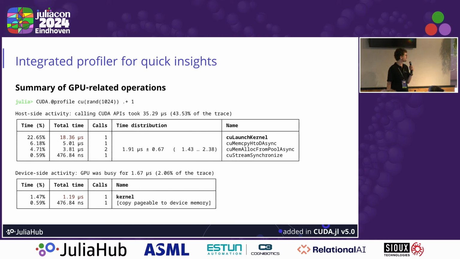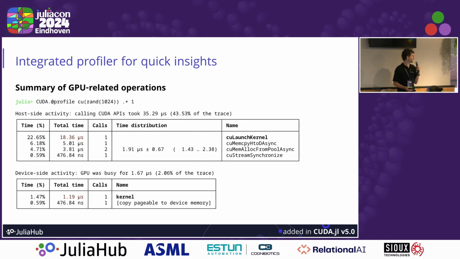GPU related. So here, for example, I'm allocating some data on the CPU, uploading it to the GPU, and then doing a simple broadcast addition by one. And you can clearly see on the bottom end where we have the device-side activity that there's both a copy and a kernel being executed. It's a summary, so it's ordered by cost.